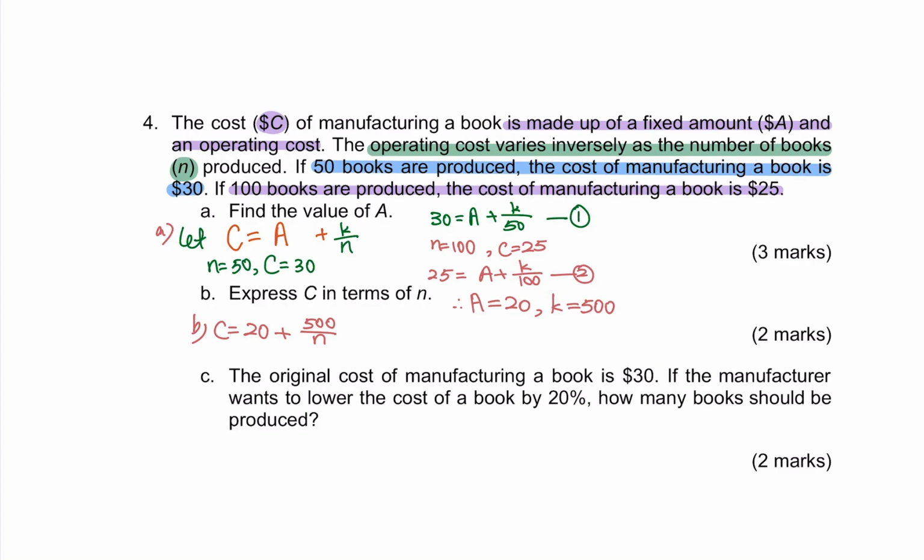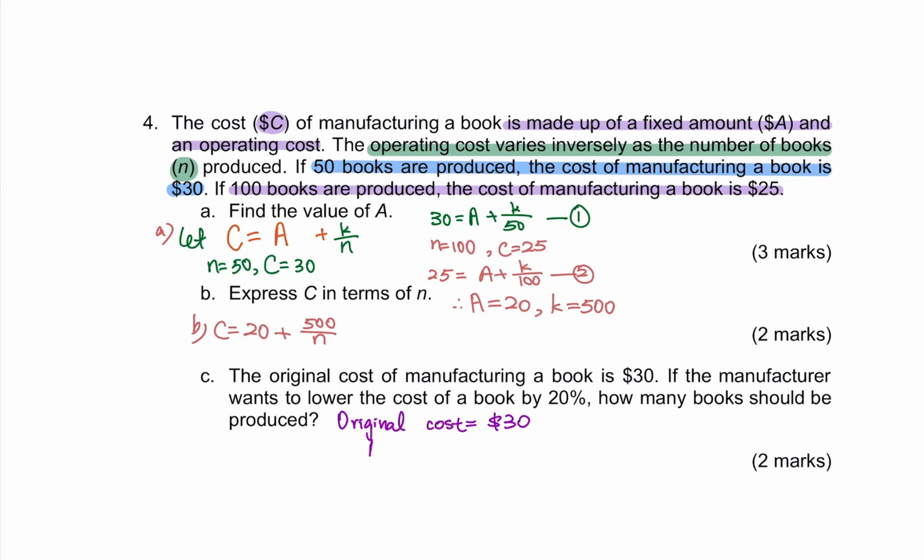Now what's happening with C? C, we know that originally one book was $30. That's the cost. But now they don't want to spend so much on the production cost. They want to reduce this by 20%. Then how many books should be produced? Let's write it slowly. Original cost is $30.